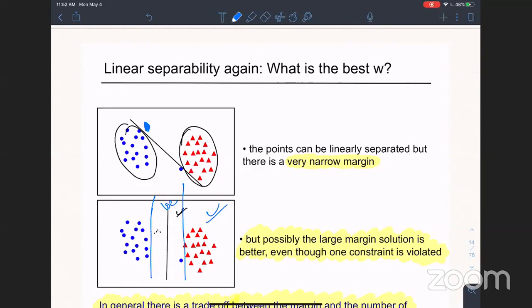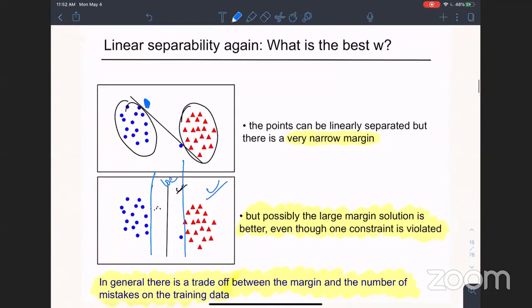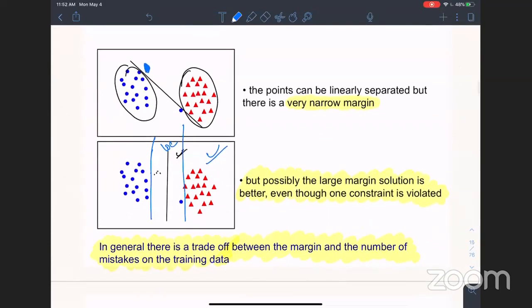A large margin solution is better even though one constraint or one data point is violated. There's always a trade-off between the margin and the number of mistakes on training data. So far this was zero training loss, but now we might want to trade off how many points we allow to be misclassified versus the size of the margin.